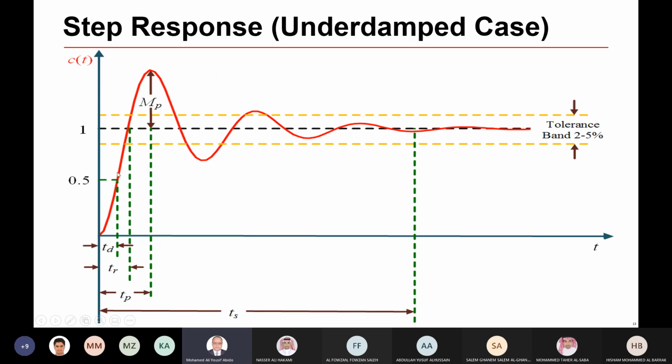Some of the time response parameters here are important to shape the system response.